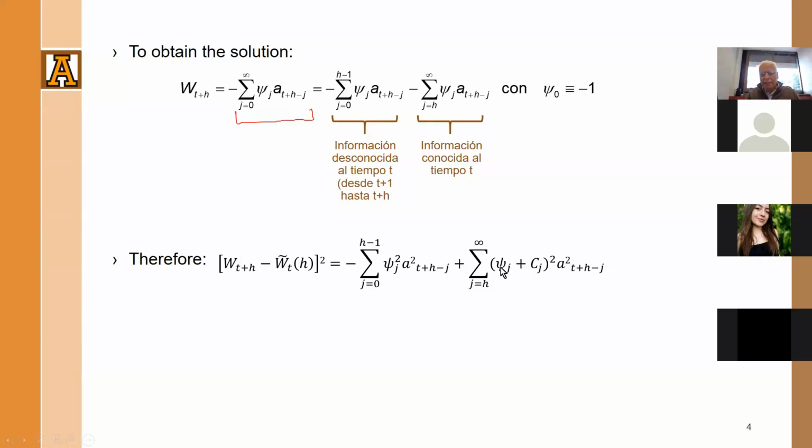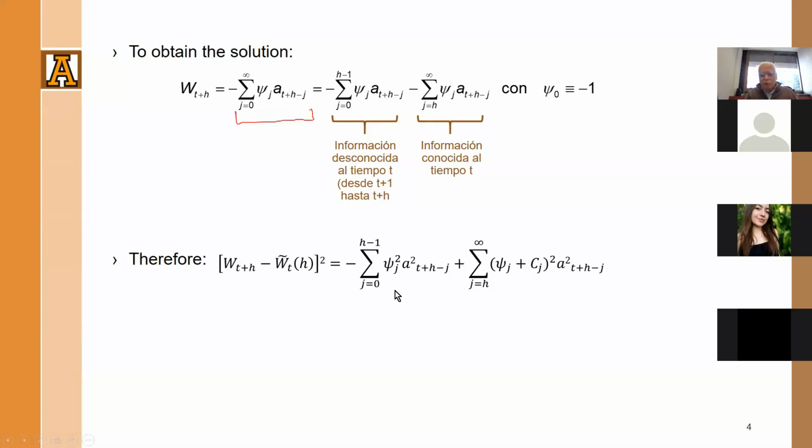In that case, we do not have the c_j's, right? We do not have the c_j's because the linear combination W̃_t(h) can only involve the terms up to time t, cannot involve times beyond time t. And so this is what we want to minimize.